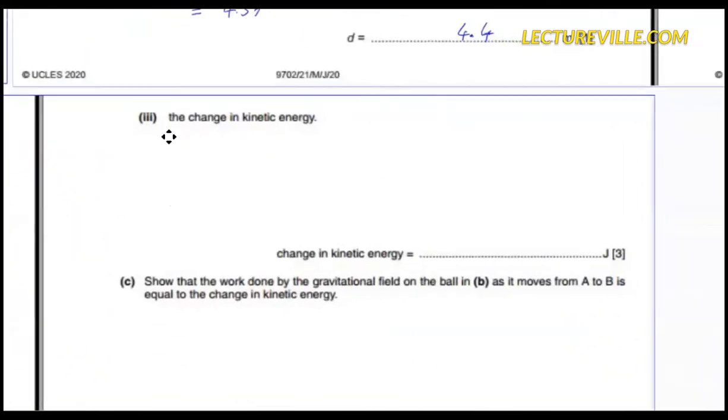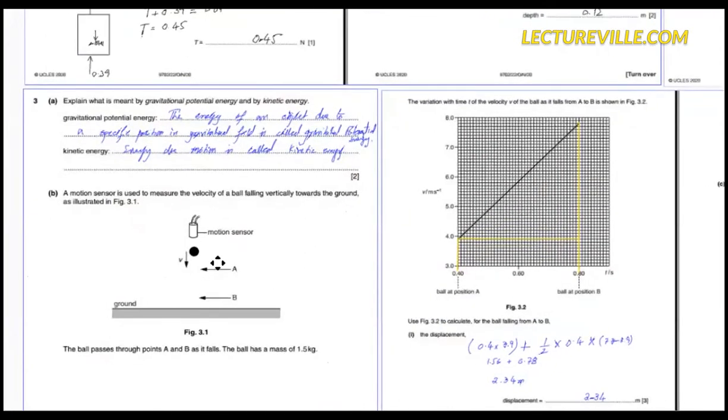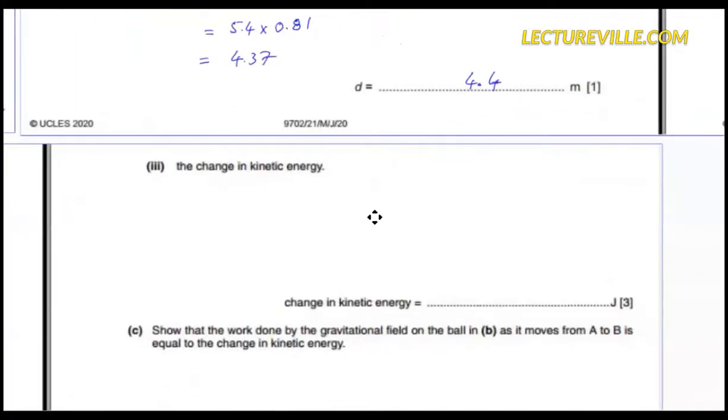So the last part of this question, the change in kinetic energy. For the change in kinetic energy, we need to recall the information about its mass. It is 1.5 kg. The formula for change of kinetic energy is 1/2 times mass times final velocity squared minus initial velocity squared.